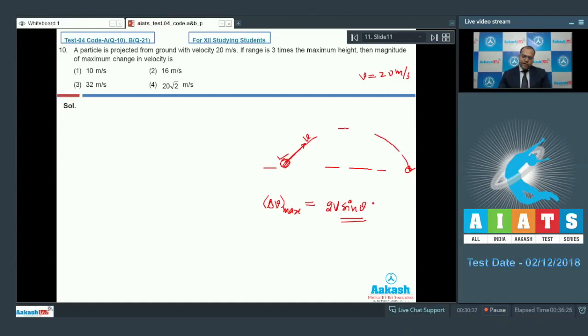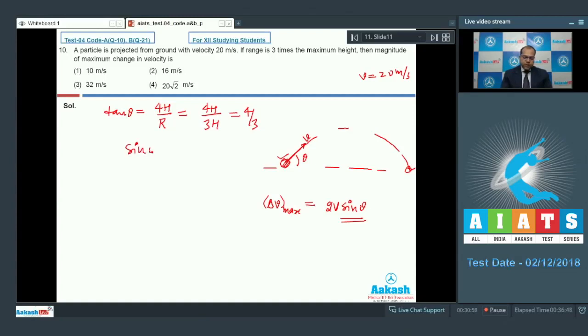Now we have to calculate the value of theta, that is the angle of projection, and we know the standard relation tan theta is equal to 4h by r, and it is given in the question that the value of r is equal to 3 times the maximum height. So it is equal to 4 by 3. So theta is equal to 53 degree.